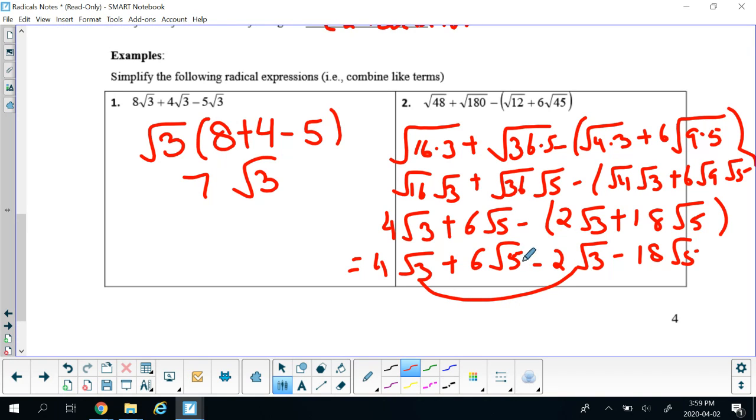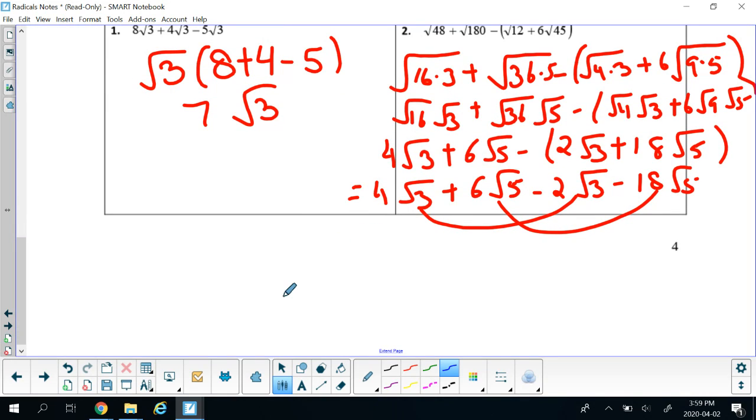And here square root of 5 and square root of 5 are like radicals, so we will solve these two together. So this is equal to 4 square root 3 minus 2 square root 3 becomes 2 square root 3. Now here 6 square root 5, take away 18 square root 5 becomes negative 12 square root 5. Okay, so this is your answer.